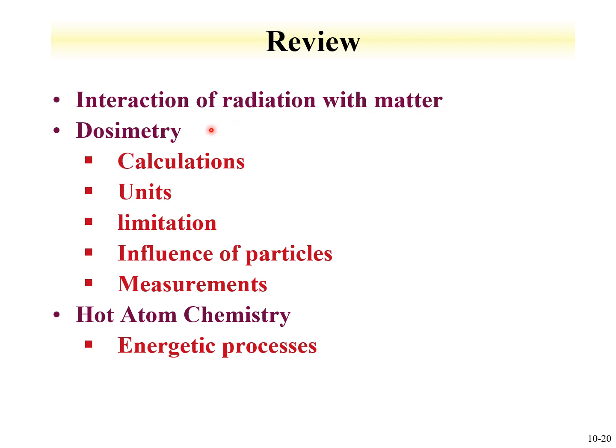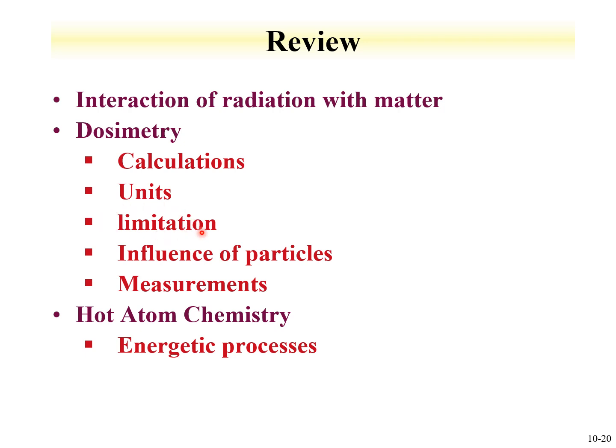Those reactions are the basis of dosimetry, where one wants to measure the amount of energy deposited per unit mass and understand ultimately the effect that deposition of energy provides. We talked about calculations for dosimetry and dosimetry units: grays, sieverts, rads, and rems.